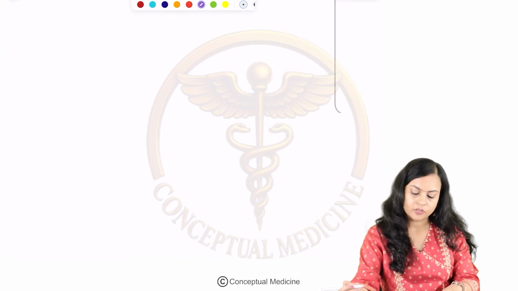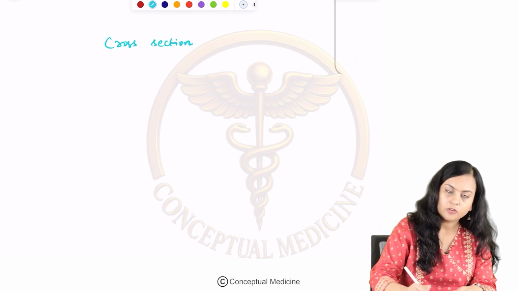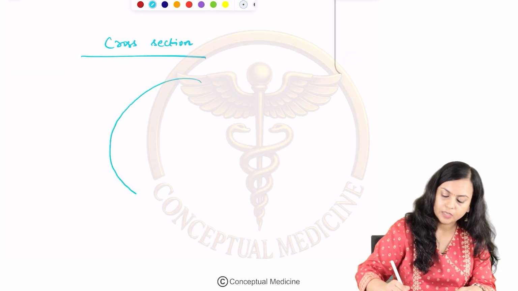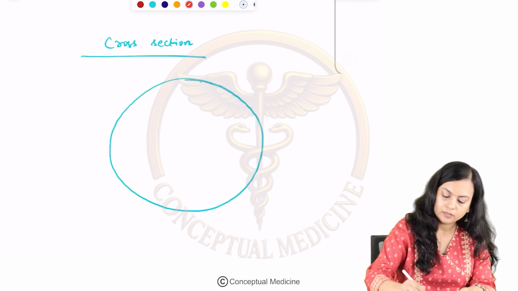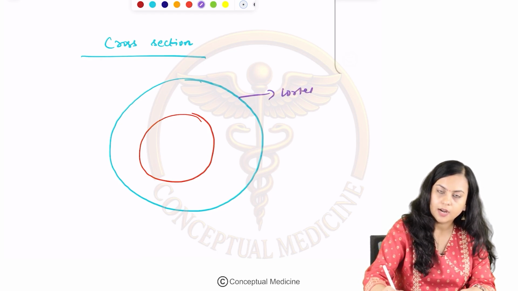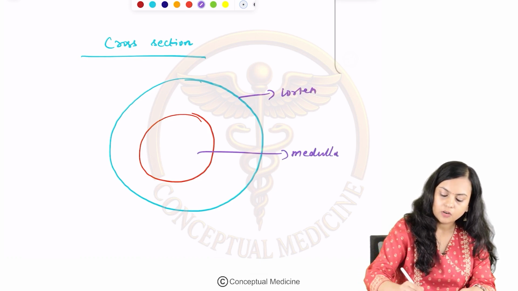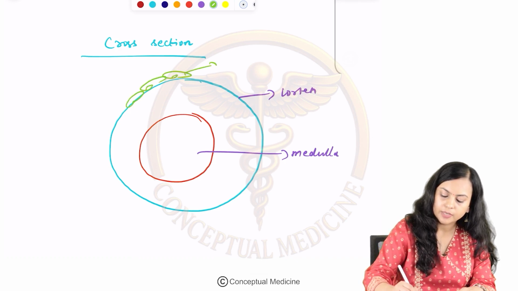Now we will see the cross section of ovaries. If you take a cross section through the ovary, the outer layer is the cortex and the inner layer is the medulla. Cortex is generally surrounded by a layer of germinal epithelium.